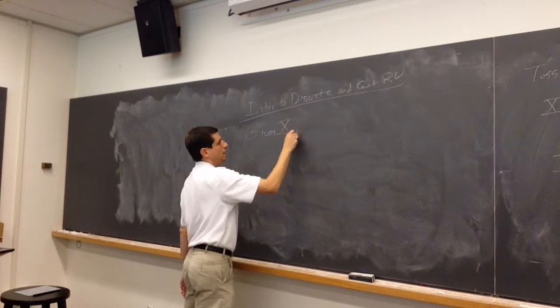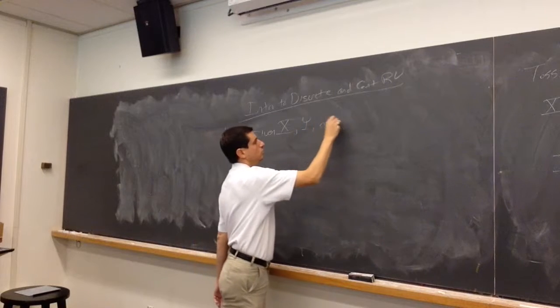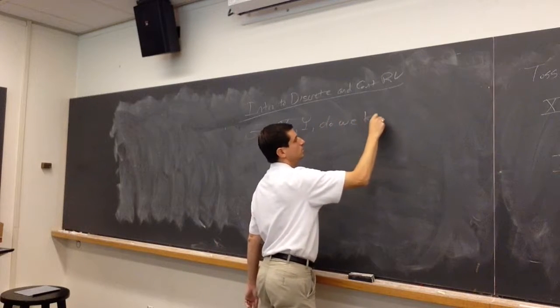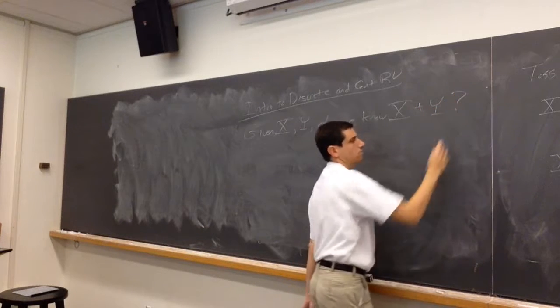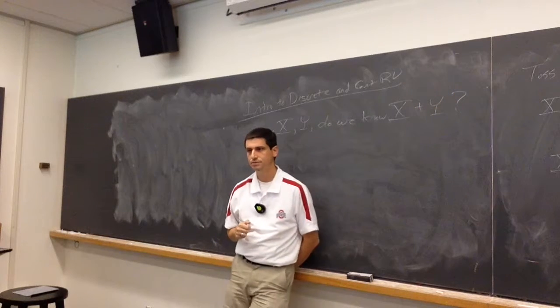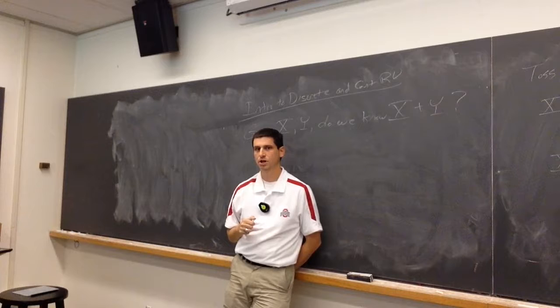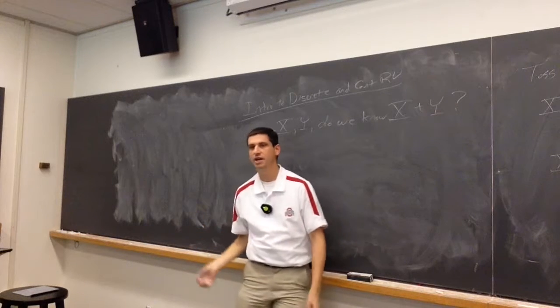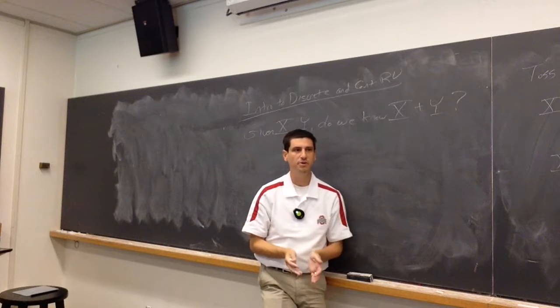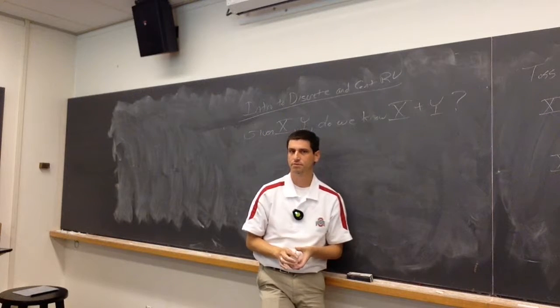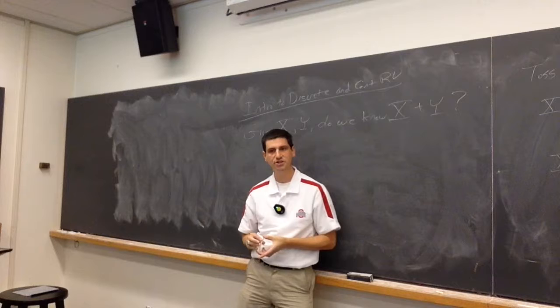Given x and y, do we know x plus y? I'm not saying anything else other than I know my first random variable has this distribution and my second random variable has this distribution. Do we know anything about their sum?